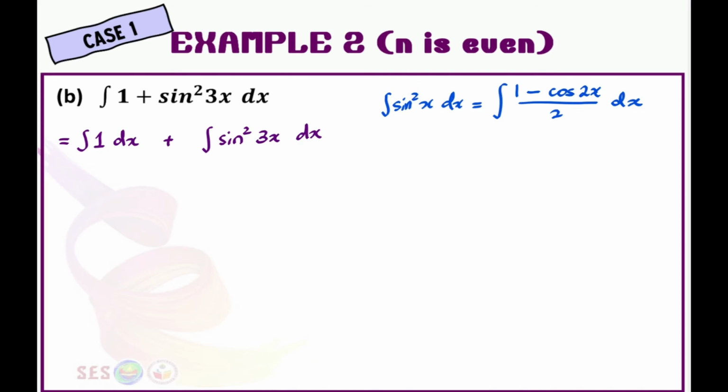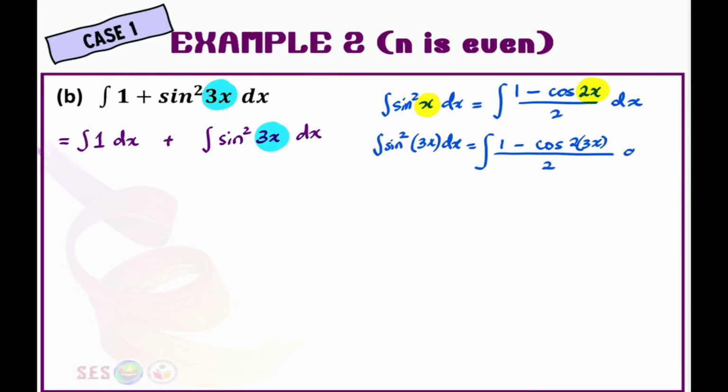As we can see in our question, the theta is 3x. So I need to change here. The formula on the right hand side will be 1 minus cos 2 multiplied by 3x over 2 dx. Simplify even more, it's cos 6x over 2.